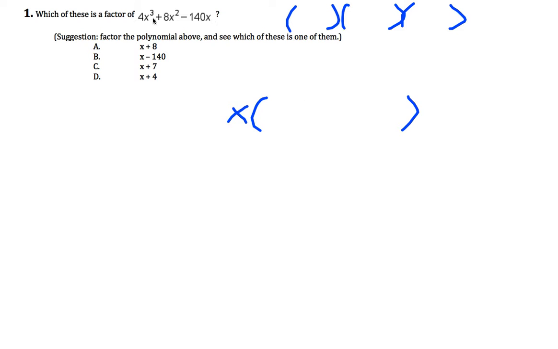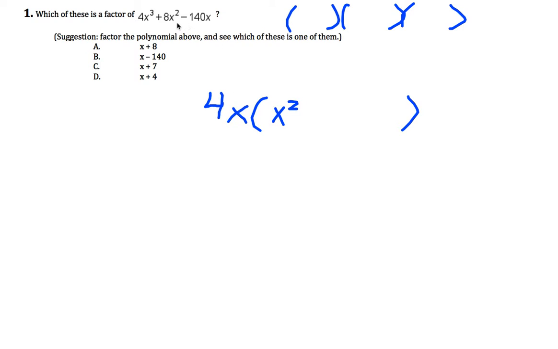In fact, I should also be looking at the coefficients to see if there's anything in there, and there is. They're all even, so at the very least I can get a 2 out. I think 140 is divisible by 4, just like 8 is, so I think I can factor a 4 out. Let's see what remains when I do. If I factor 4x out of 4x cubed, the only thing that remains is the 2 x's that didn't get factored out. It's x squared.